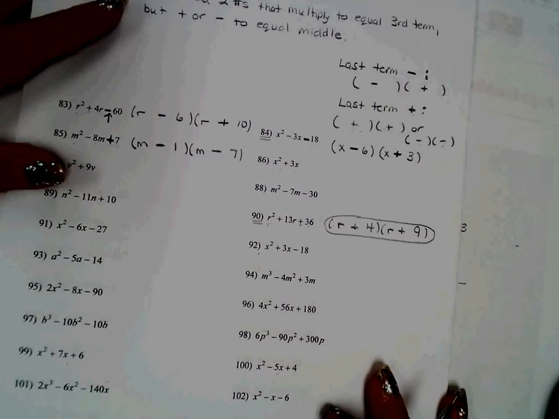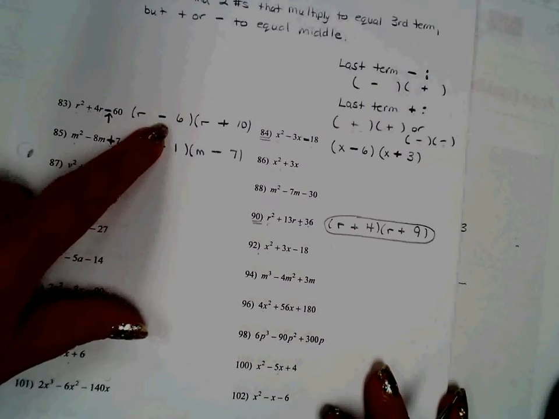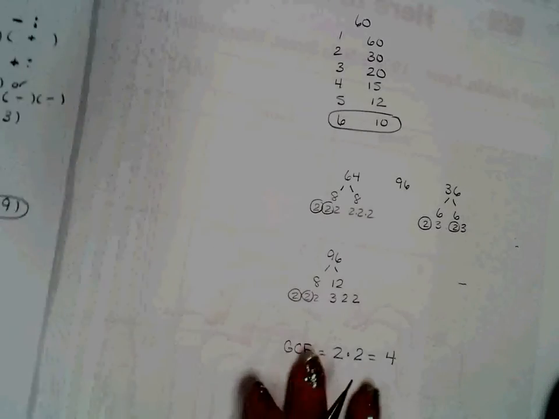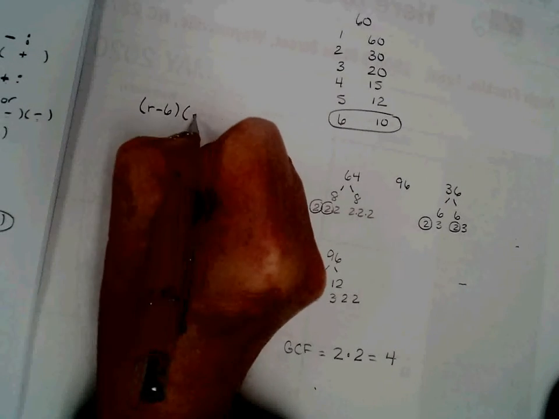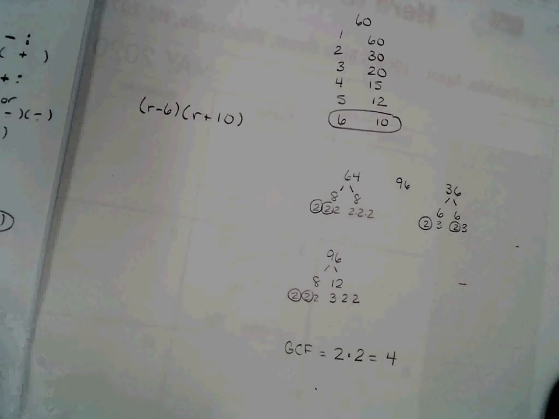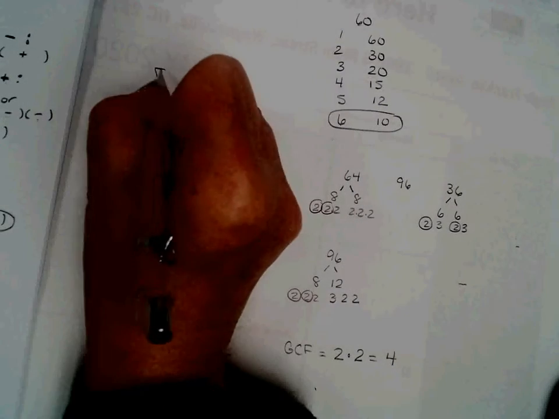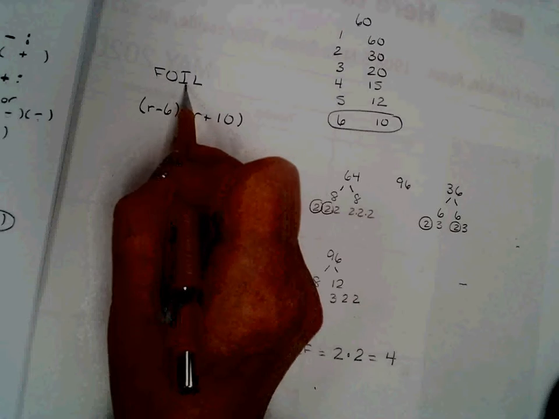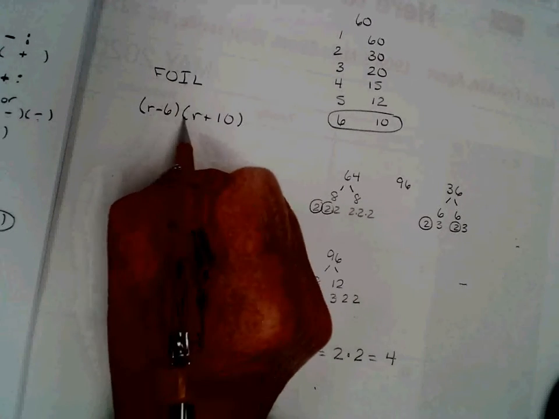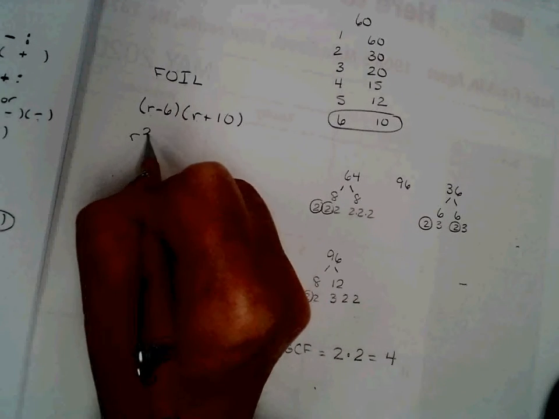Okay, so let's check our work on problem 83. So I'm going to come over here to where I've been working. Here is the answer that we got on 83. If you want to check your work, do FOIL. Remember that FOIL stands for first, outer, inner, last. First, r times r is r squared.